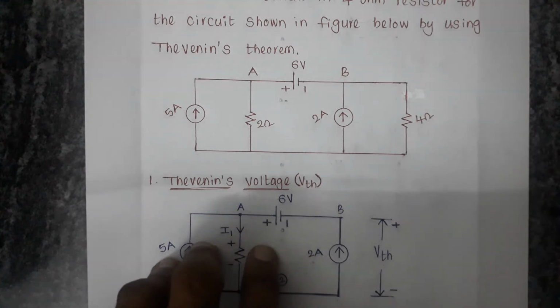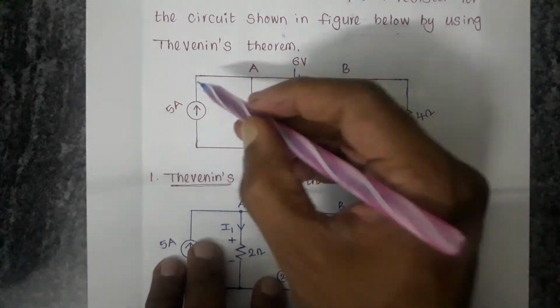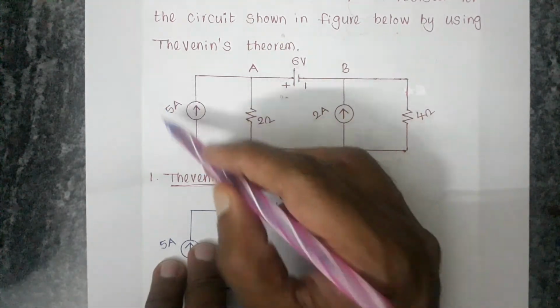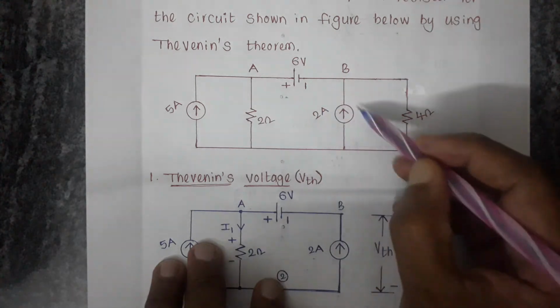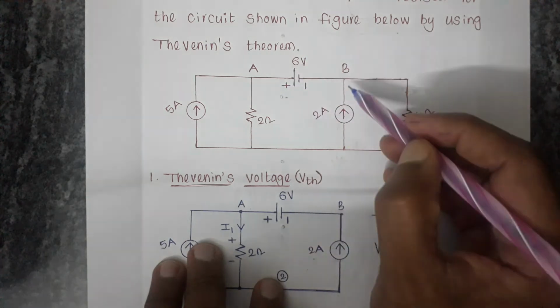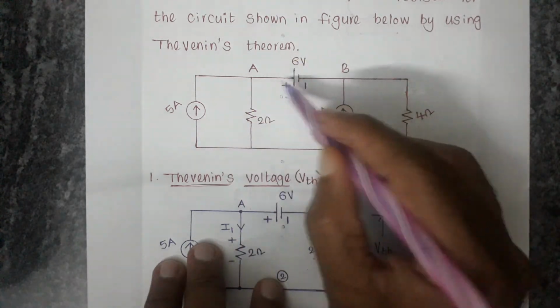If current is 0, it means open circuit, and if voltage is 0, it means short circuit. So here, if you deactivate this, it becomes 0, open circuit. This becomes 0, short circuit.